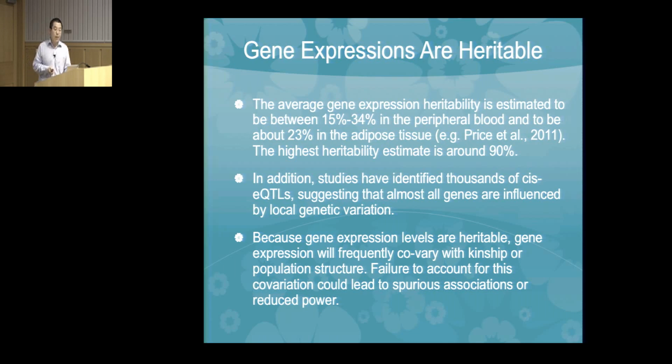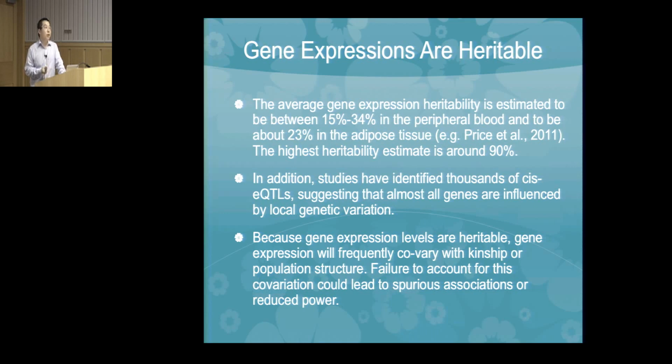In other tissues, say adipose tissue, the average heritability is also relatively high, 23%. And across all those genes, the highest heritability estimates in all those tissues can be as high as 90%. So there's a huge genetic component.